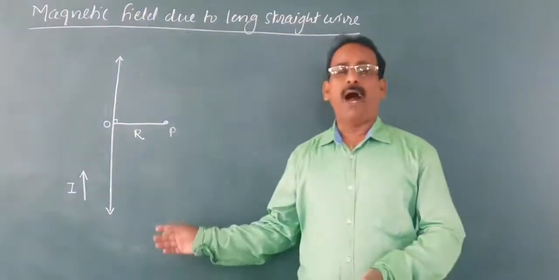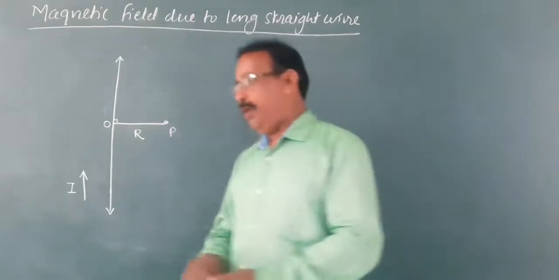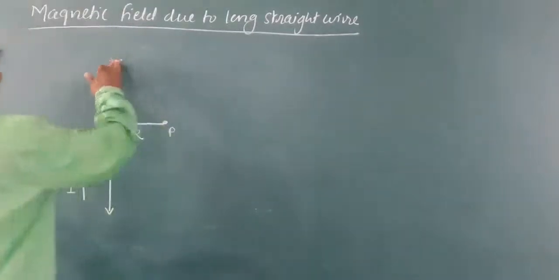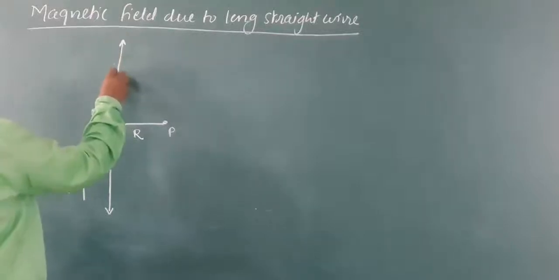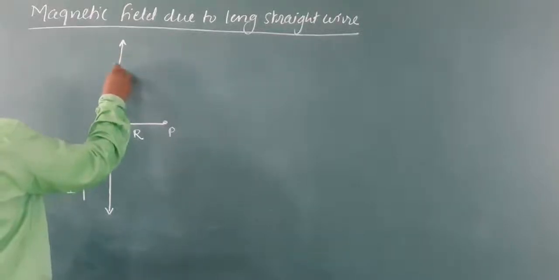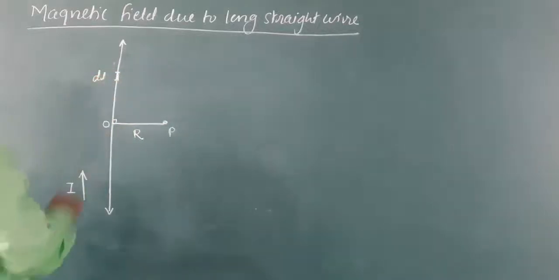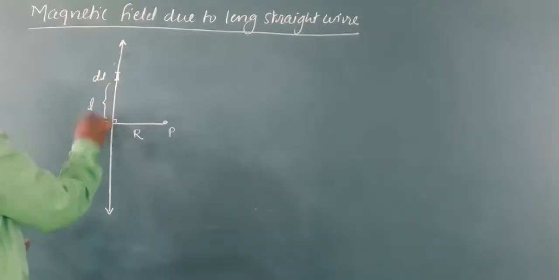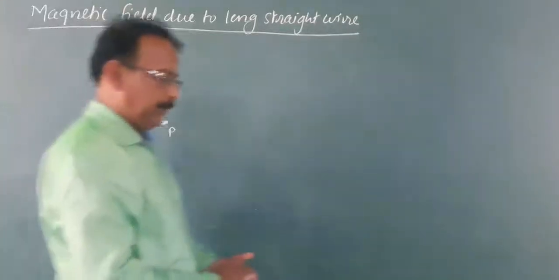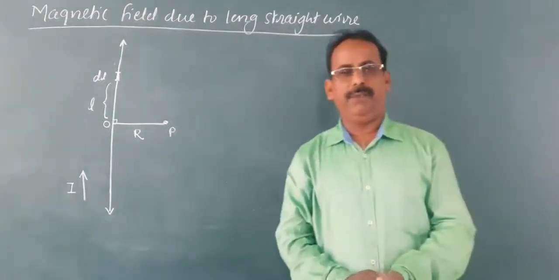Now, to find the magnetic field produced by this wire at this point P, take a small element on this wire of length dl at a distance equal to l from this point O as shown in the figure.